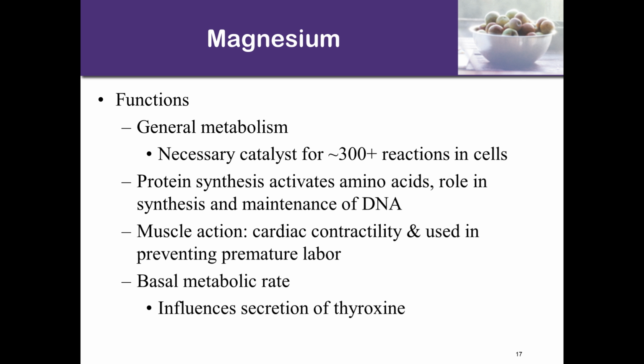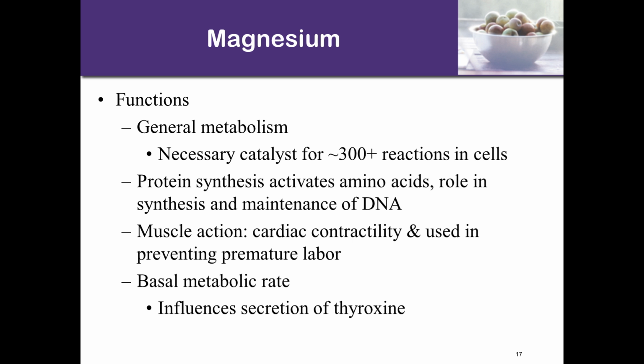So magnesium acts as a cofactor in several metabolic reactions. When you study transcription, translation, or maintenance and repair of DNA, you see that magnesium ion acts as a cofactor at various steps. So it's a very important element for our body.